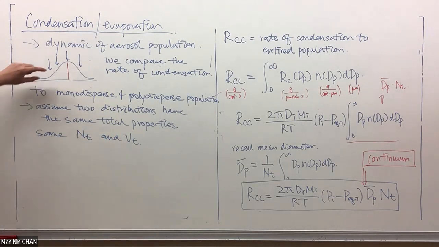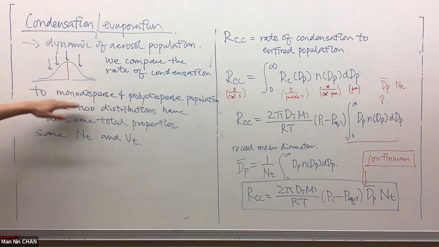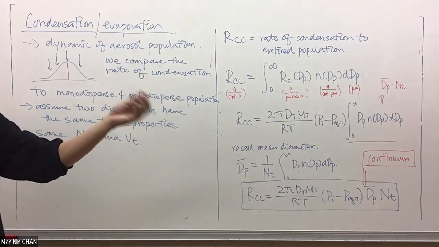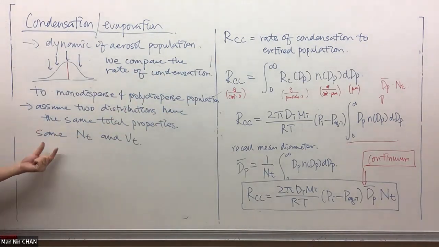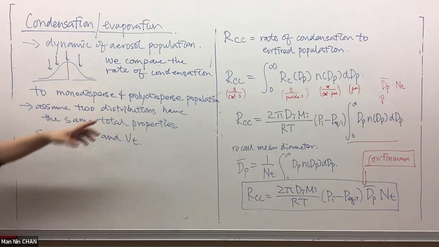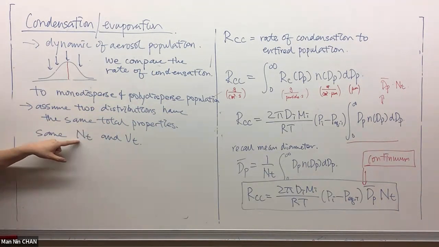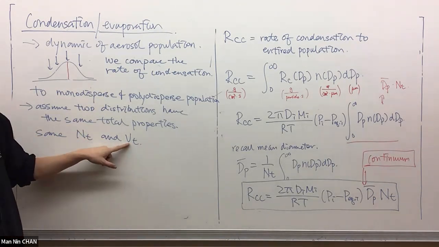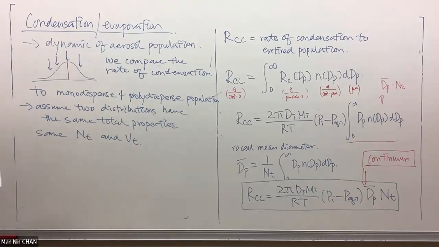Now we want to see the rate of condensation to a monodispersed and polydispersed population, and then make a comparison. So we assume these two populations have the same total aerosol number concentration, and also the same total aerosol volume, VT here.